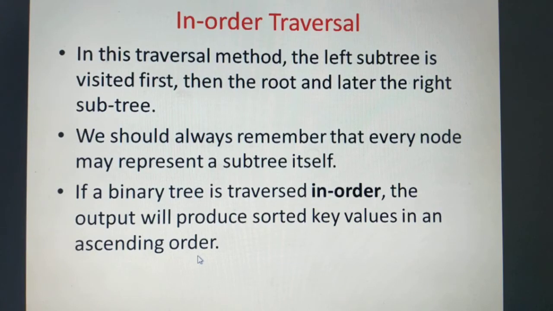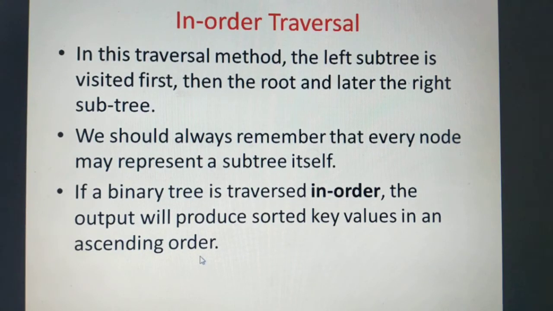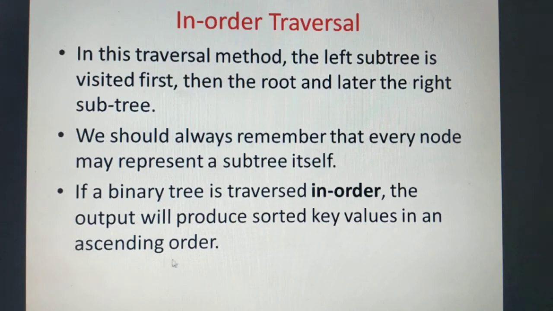We have the root node, then the value which is less than the root node is placed at the left, and the value which is greater than the root node is placed at the right. Hence, in in-order traversal, if we follow the pattern of left, root, and then right, we will get the values in ascending order.